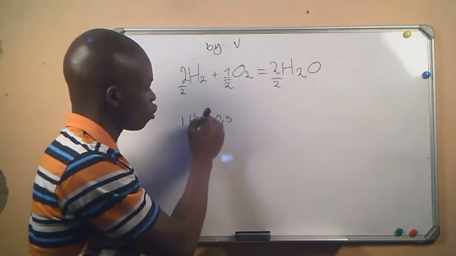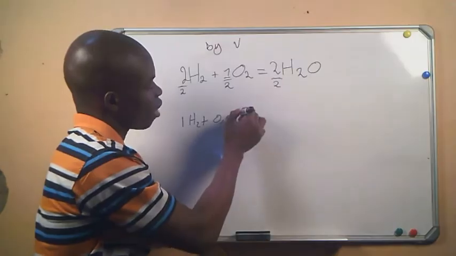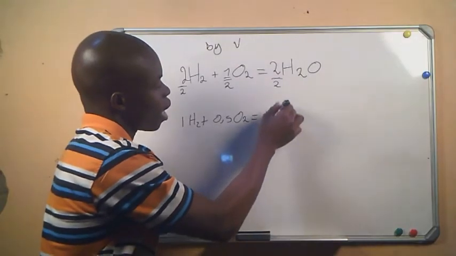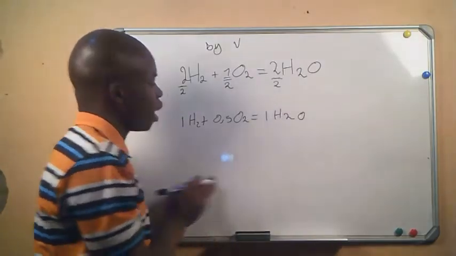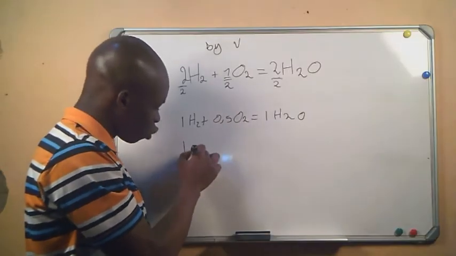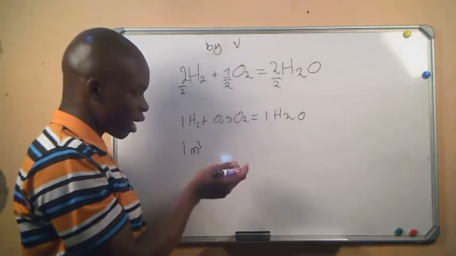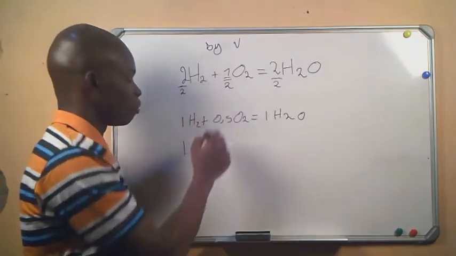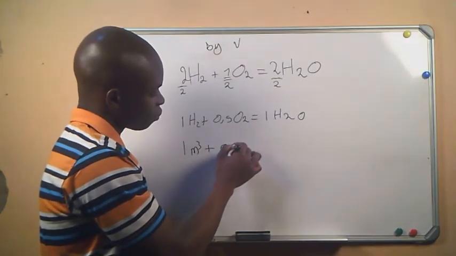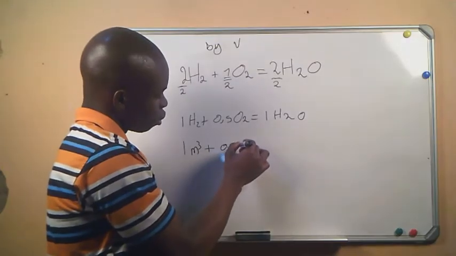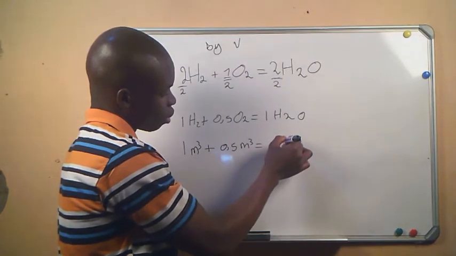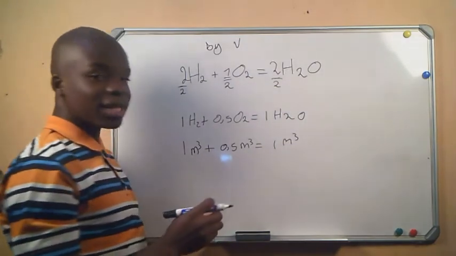So it's 1 H2, 0.5 oxygen, equals 1 H2O. This tells us that for 1 cubic meter, it's no longer kg, we are dealing with volume, plus 0.5 cubic meters, equals 1 cubic meter.